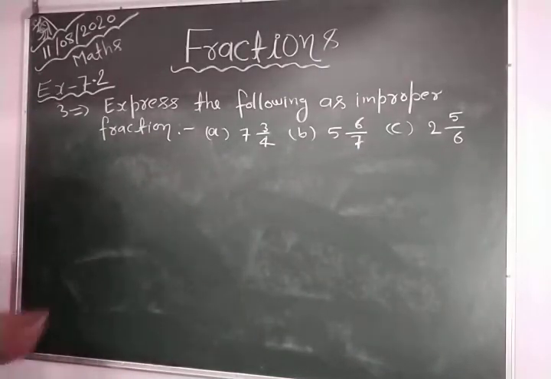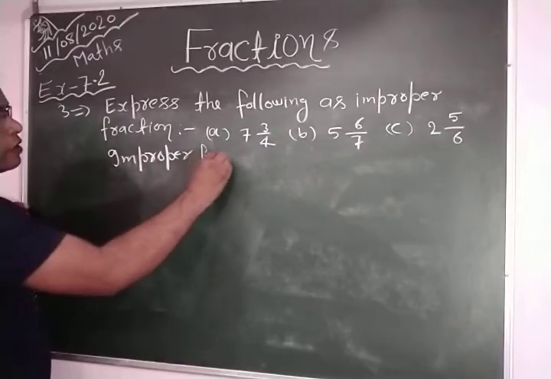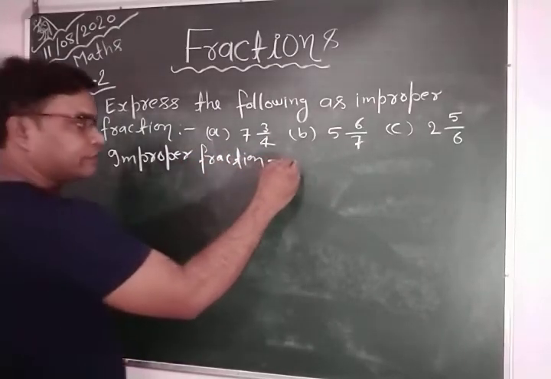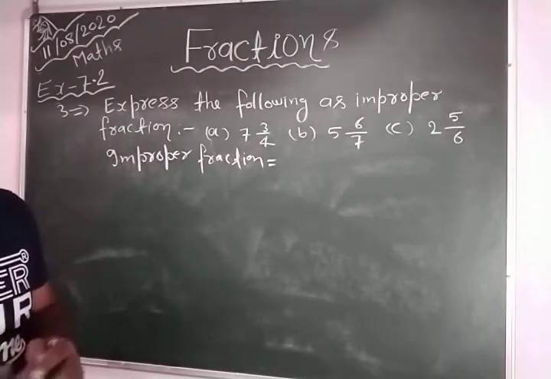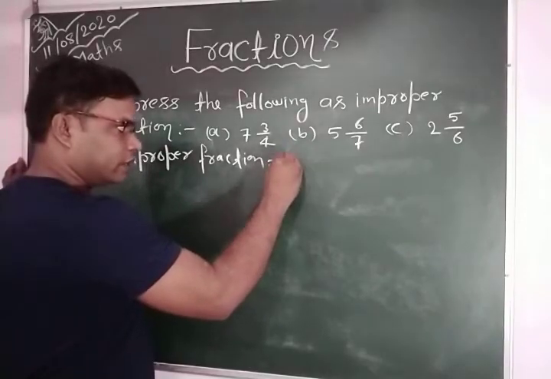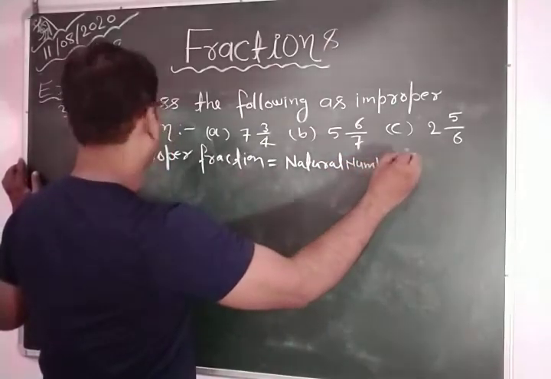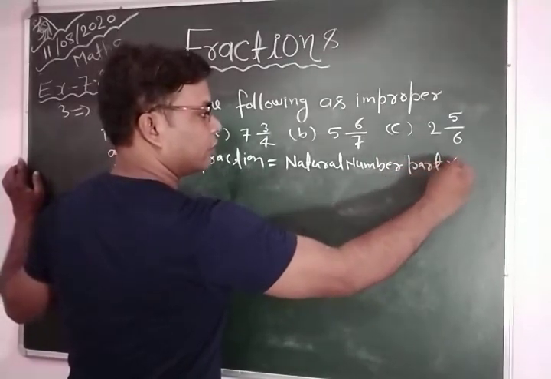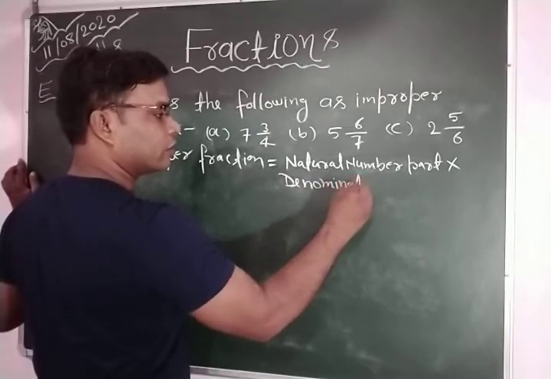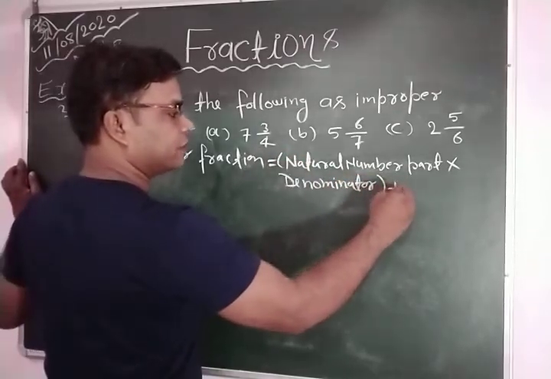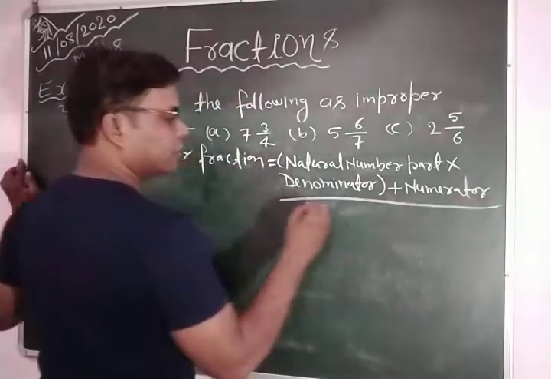Improper fraction is equal to natural number part into denominator, this is the first part, plus numerator, divided by denominator.